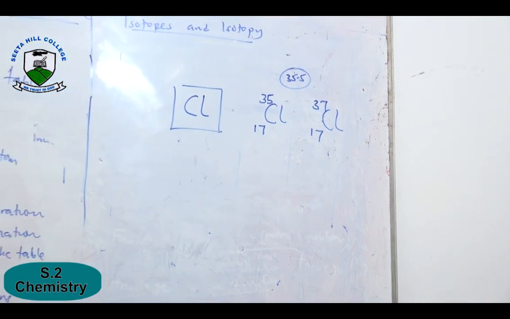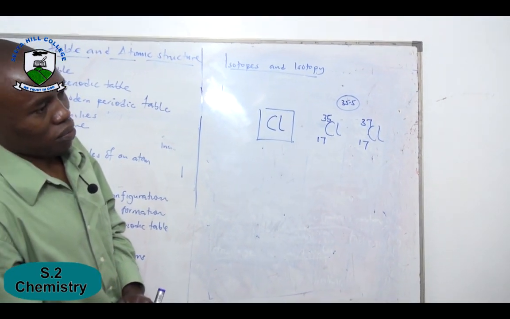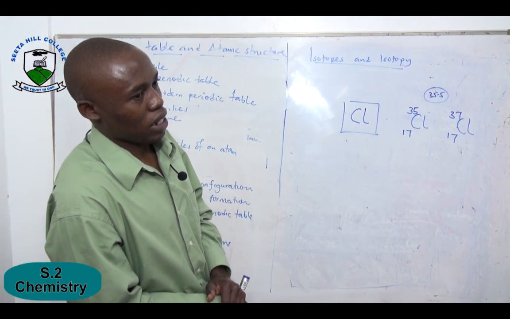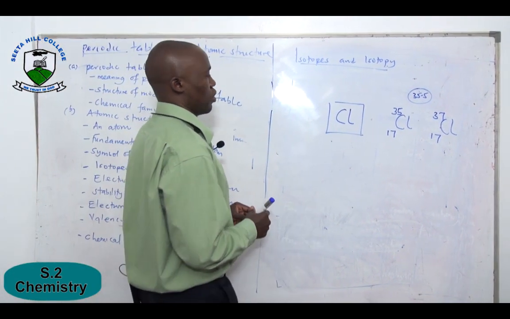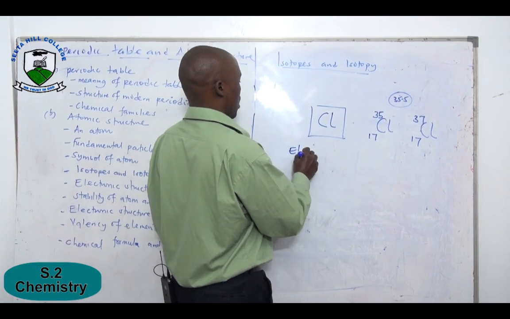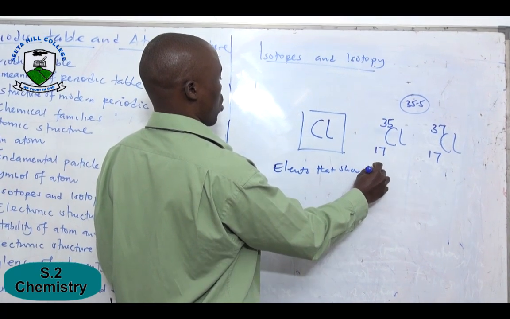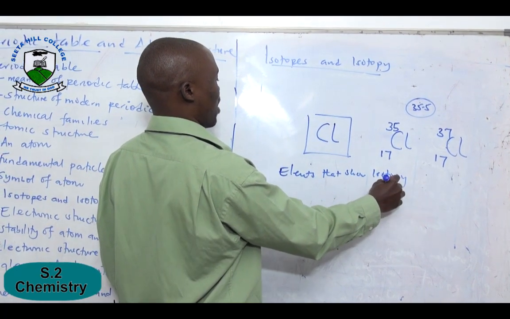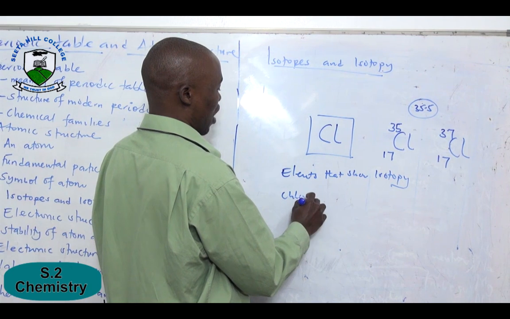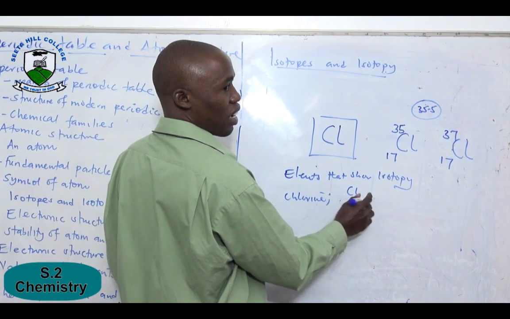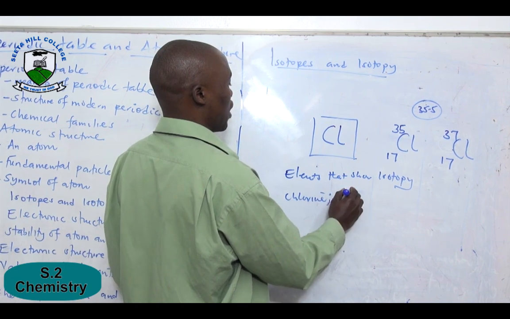Now, elements which show isotopy, we said not all of them do. But we have seen the first one is chlorine, not so? Elements that show isotopy, like chlorine, how many isotopes does it have? Chlorine 35 and 37.